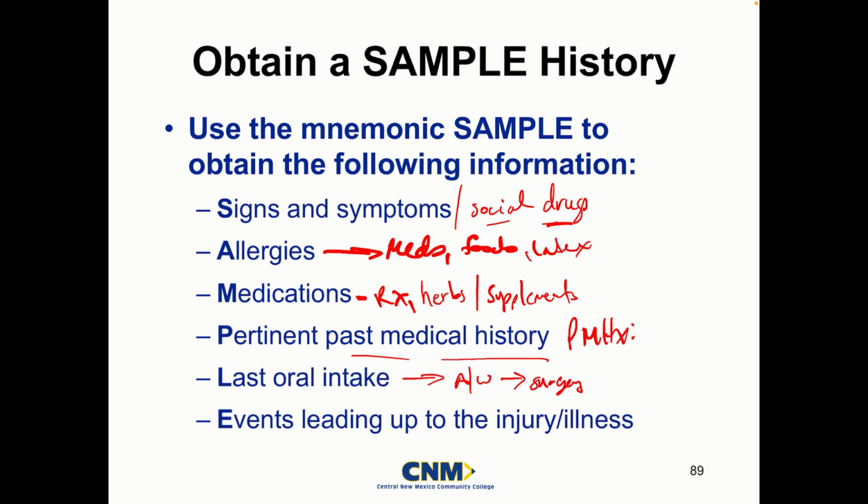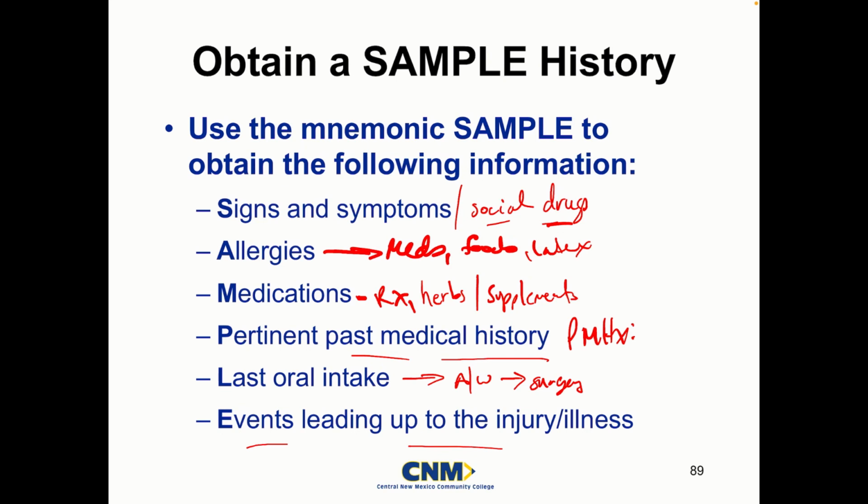Okay. And then the events leading up to: you can use this as a segue into a discussion on what's going on with them if you don't know this already. But at the very least, we'll wrap up and summarize in our charting what the events leading up to the injury or the illness were. So if this patient was in a car accident, we'll want to know what went on up to the point of the car accident.